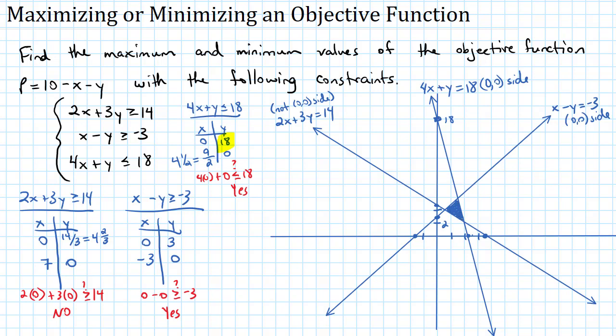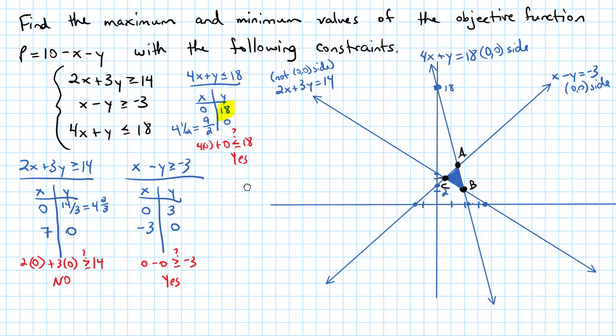We just have to now find, remember the point of the video was to find the vertices, and there are 3 of them. We can see that this shaded region has 3 vertices. And because the graph didn't quite work out really nicely, we probably need to use algebra to solve for those vertices.